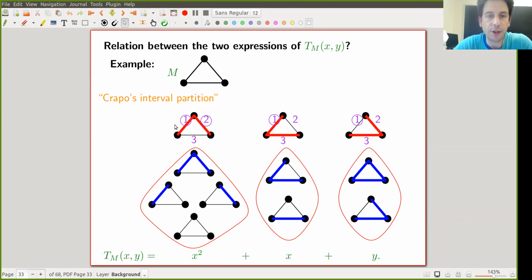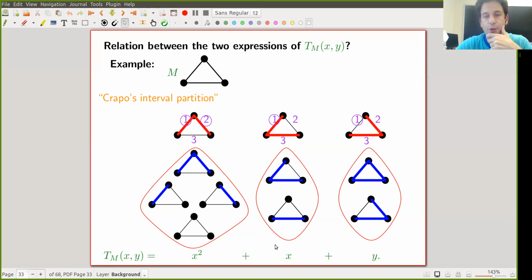So from this basis, for instance, you would get this set of subgraphs. From this basis, you would get this set of subgraphs, and for this basis, you would get this set of subgraphs. And the result is very beautiful. It's that these intervals associated to each basis form a partition of the Boolean lattice of subgraphs.